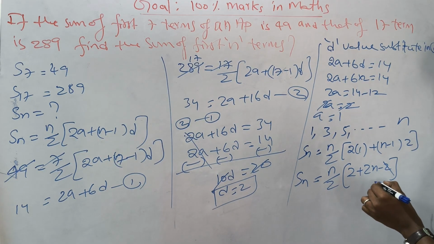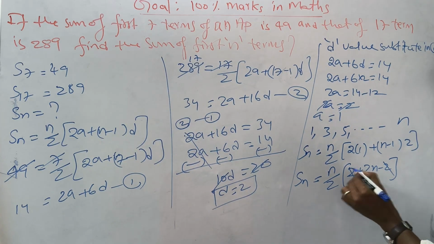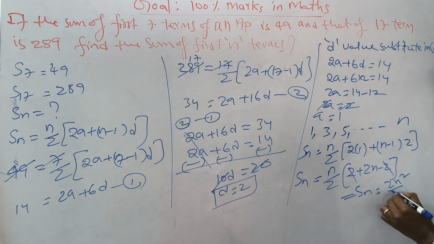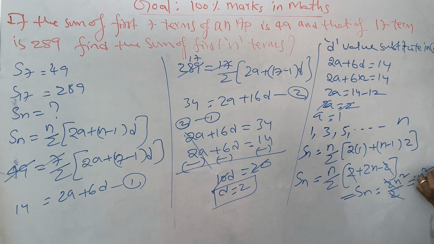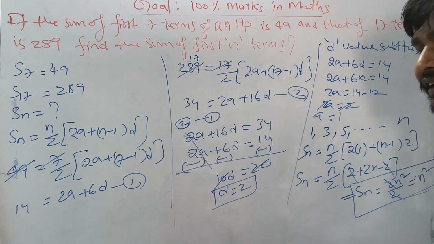Now the 2s cancel. From this, Sn is equal to 2n square by 2. The 2 gets cancelled. Now Sn is equal to n square. This means the sum of the first n odd natural numbers is n square. We know that.